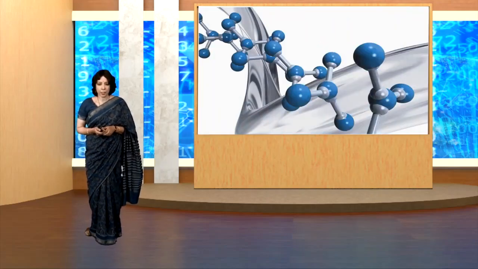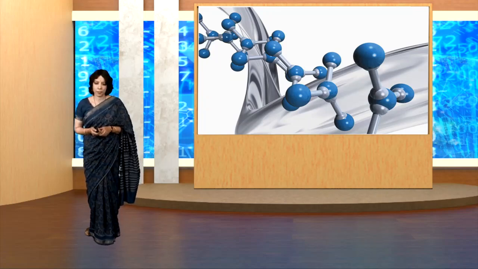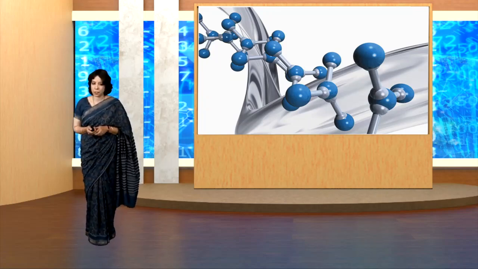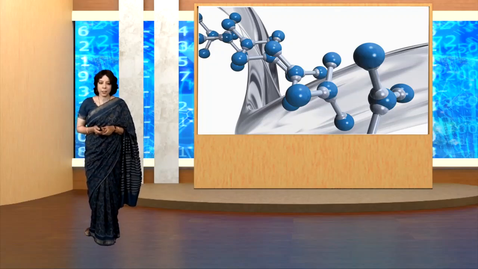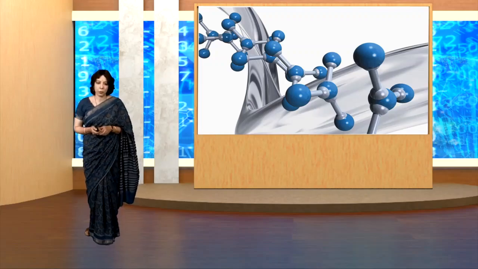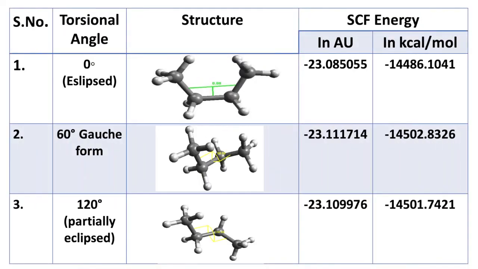So I'm sure you must have liked doing experiments on computers. Once you've done it and explained it to your students, and they have optimized all the conformers of butane, you can ask them to arrange it in a tabular form. They can report the results like this. You can also use any format you want.